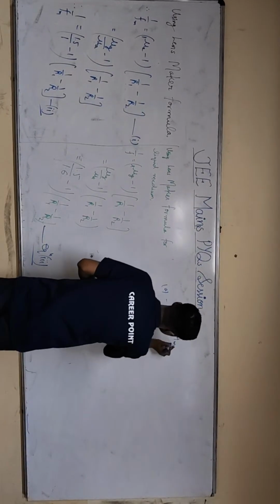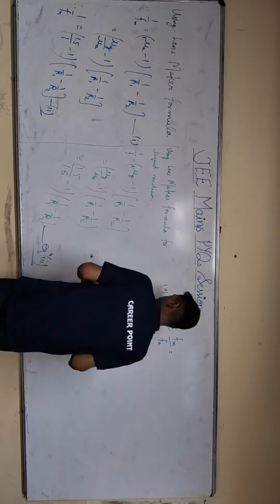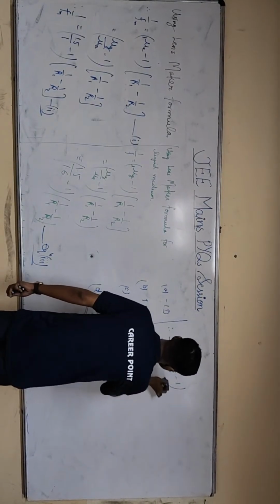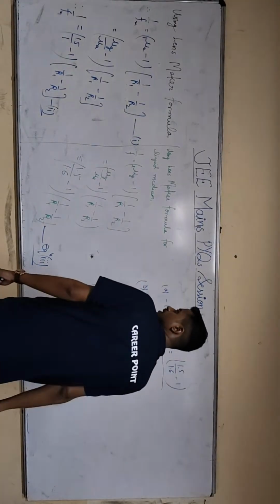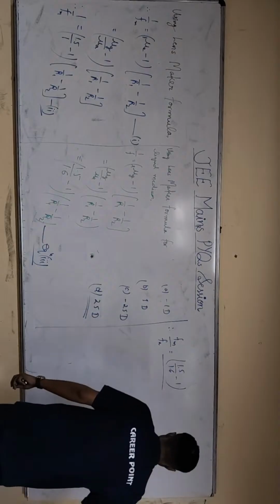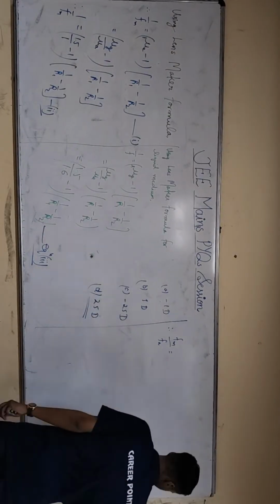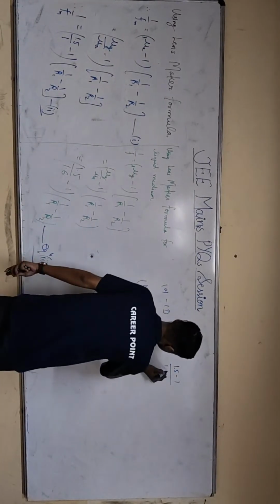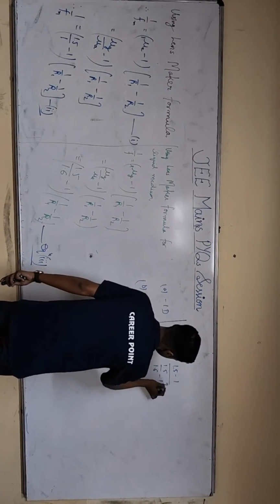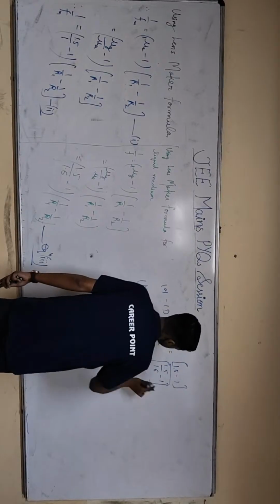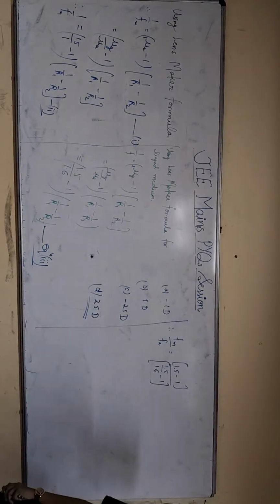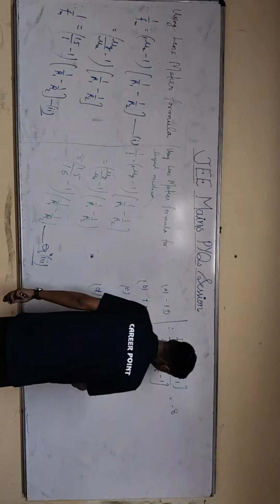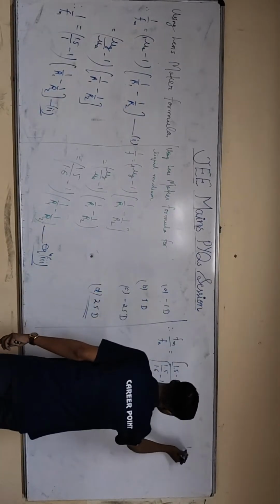So it becomes f medium upon f air, that is 1.5 minus 1 upon 1.5 over 1.6 minus 1.